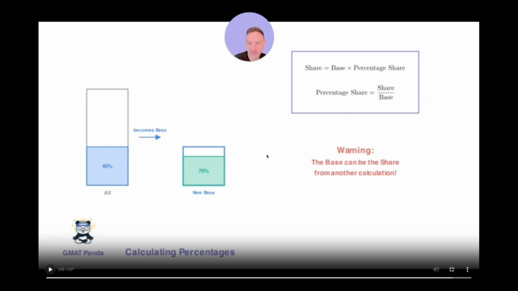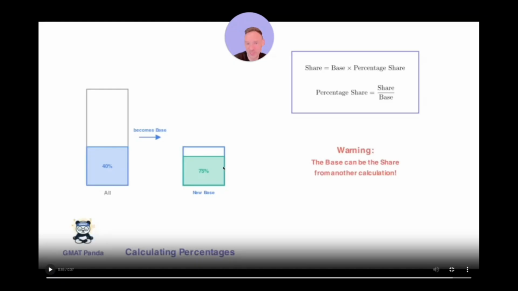Now, in this case, the 40% is a percentage share of the initial rectangle, but then it becomes the base of the second percentage calculation. And notice that in this case, that 40% may look like it's a percentage share because it's got a percentage at the end.